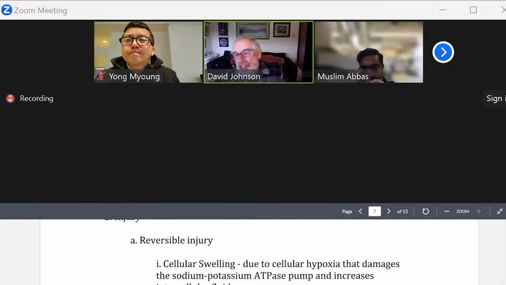The fatty change in the liver is a generalized response to toxicity. Rather, if it's viral hepatitis or any other thing that damages liver cells, fatty change is going to be a response.